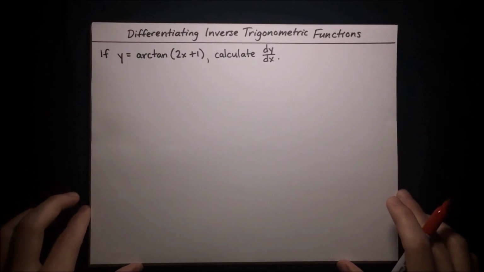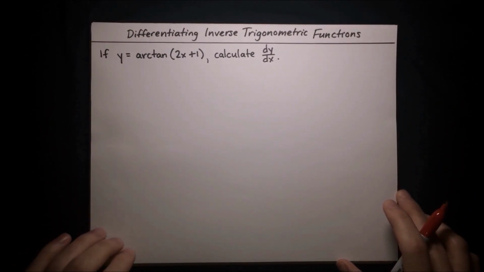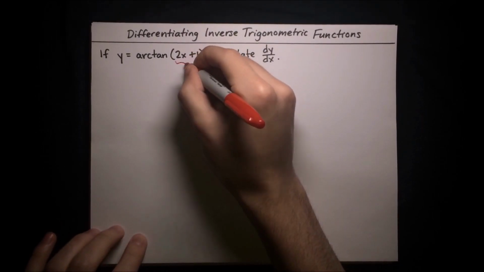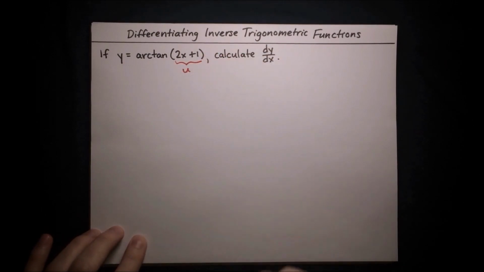Alright, here's another problem. If y equals arc tangent of 2x plus 1, we want to calculate dy dx. Now this problem's a little bit trickier because instead of just having an argument of x, this arctangent has an argument of 2x plus 1. So what do we do now? Well, this problem is actually pretty easy once we make a substitution and apply the chain rule. So the substitution that we'll make here is we'll let u be 2x plus 1.